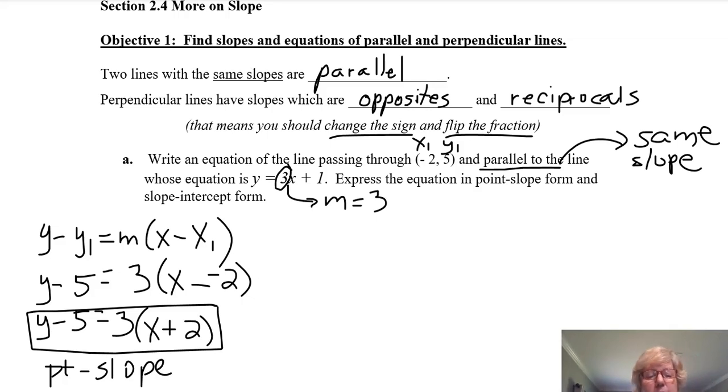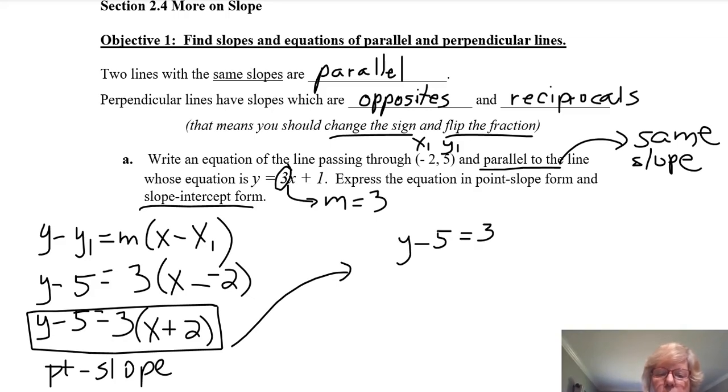Now the second part of this problem asks us to write it into the slope-intercept form. So I will take this answer, y minus 5 equals 3 times x plus 2, and I will solve it for my y. So I'll have y minus 5.